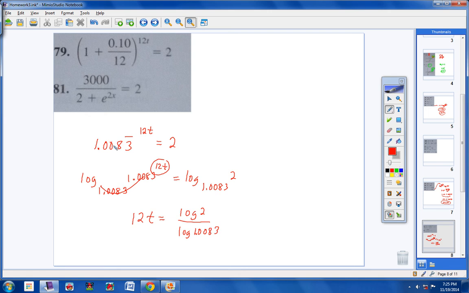So very quickly, let's see what that is. Log of 2 divided by log of 1.0083.